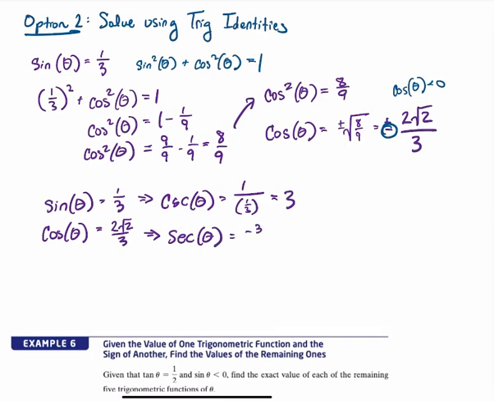Negative 3 over 2 root 2. This is basically going to follow the work of our last example now. So let's rationalize, multiply by root 2 over root 2. So that'll give us our negative 3 root 2 over 4.